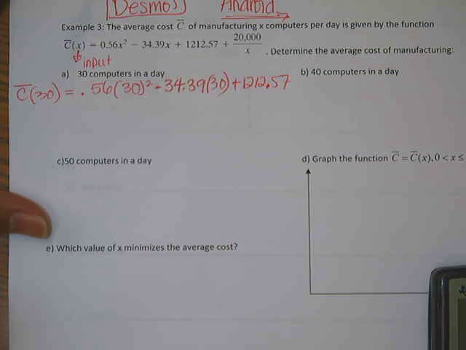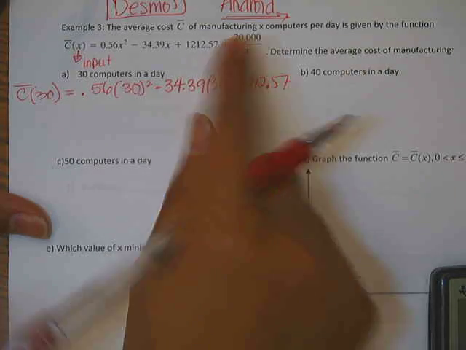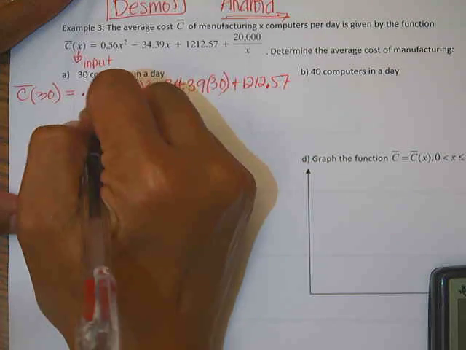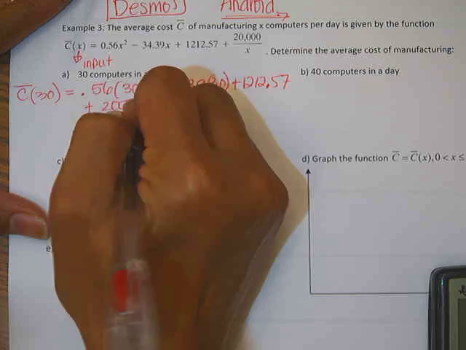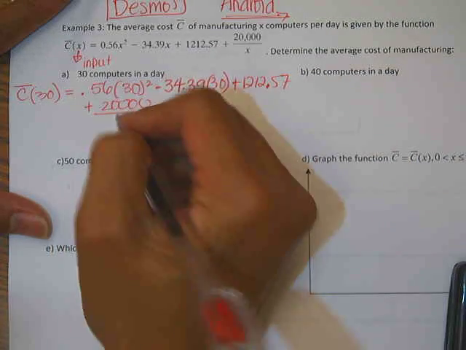I'm running out of space. I'm just going to go down here and do the 20,000 divided by X. So plus 20,000 divided by 30 computers.